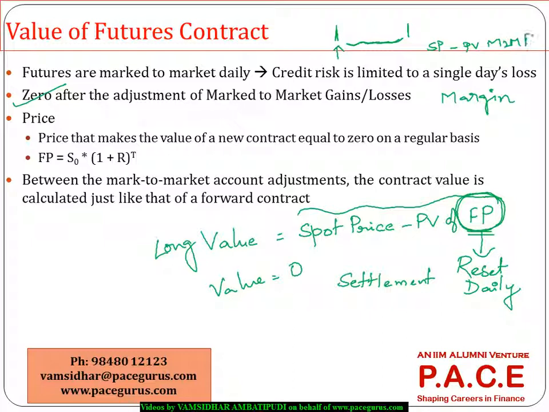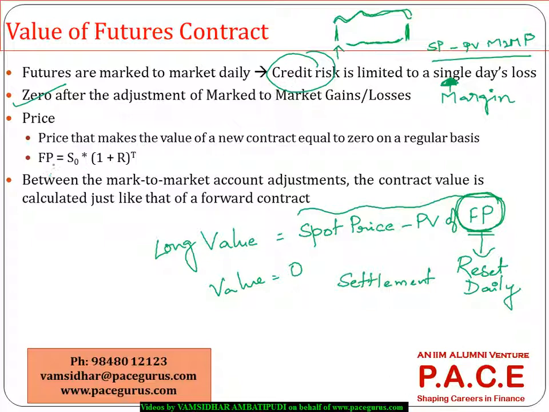So whatever loss can exist in a futures market, the credit risk is generally limited to a single day's loss, because at the end of the day it is already marked to market and the accounts have been updated accordingly, so there is no pending loss or pending gain to any party at the end of the settlement period. This means the possibility of credit risk is much lower compared to that of a forward market.